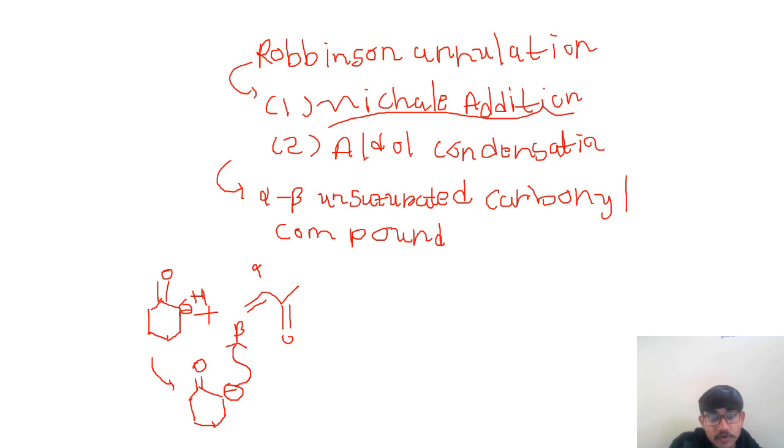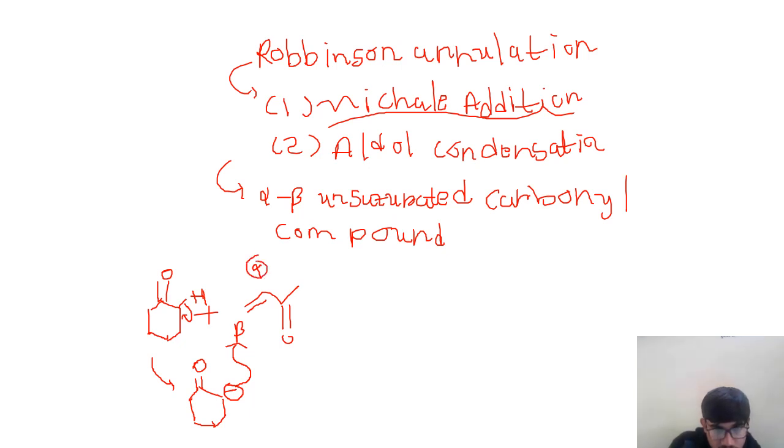Beta position of the alpha beta unsaturated carbonyl compound, and this hydrogen which gets removed, because the electron of this bond is taken up by this oxygen carbon, so this hydrogen will be taken up by this alpha group. How?